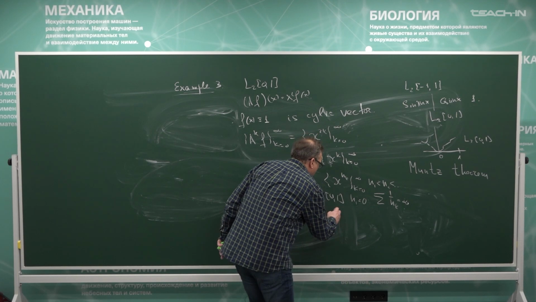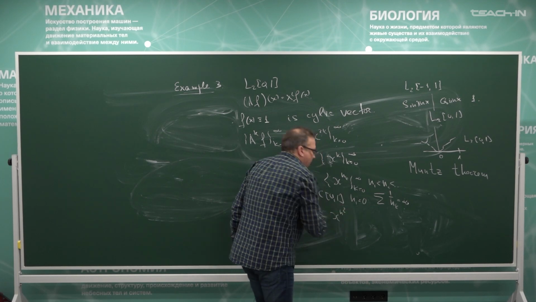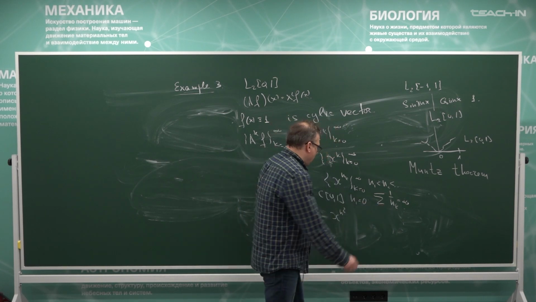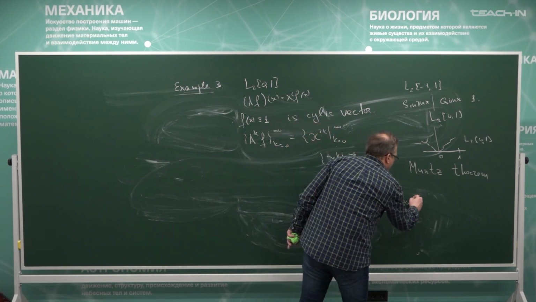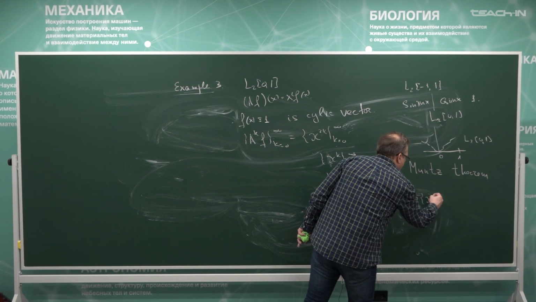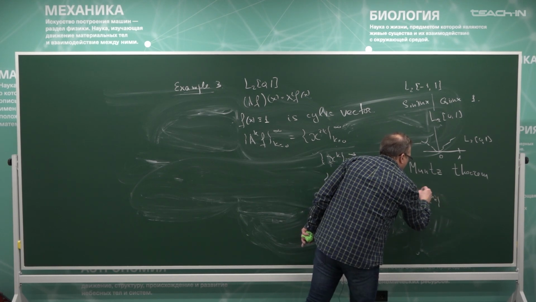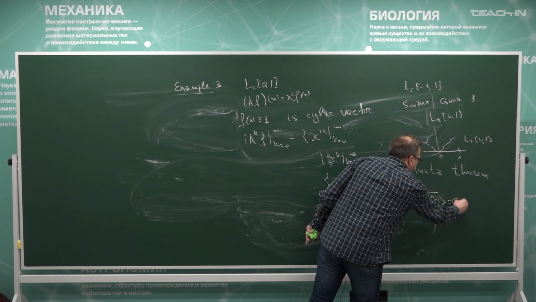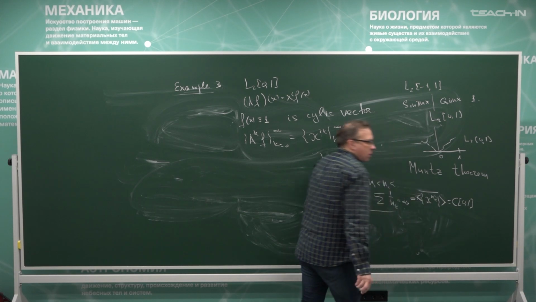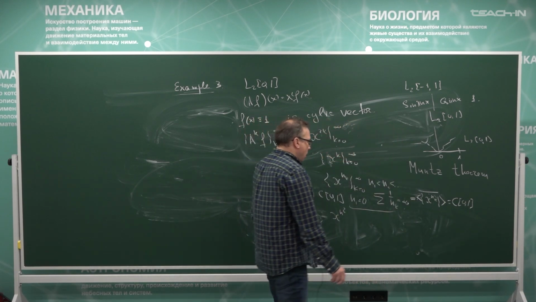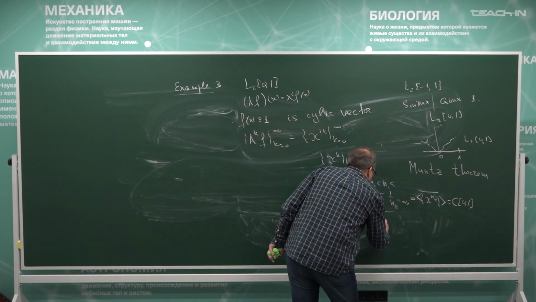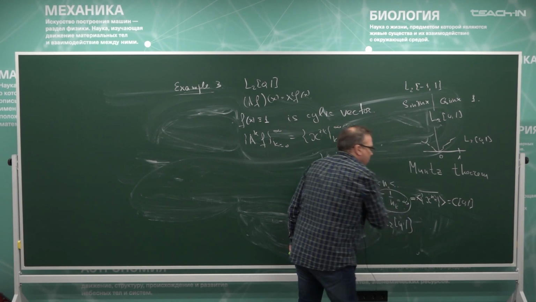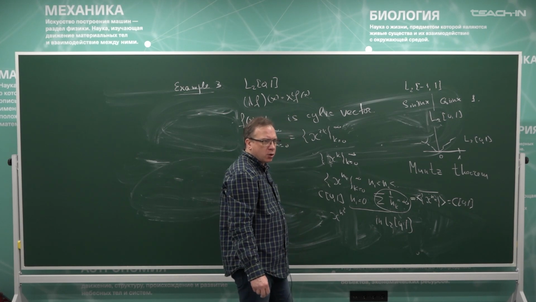But for example, if you take n square, it is a bad sequence, the series converges. And then Müntz's theorem states that the linear span closure gives us the whole space. It is a necessary and sufficient condition.